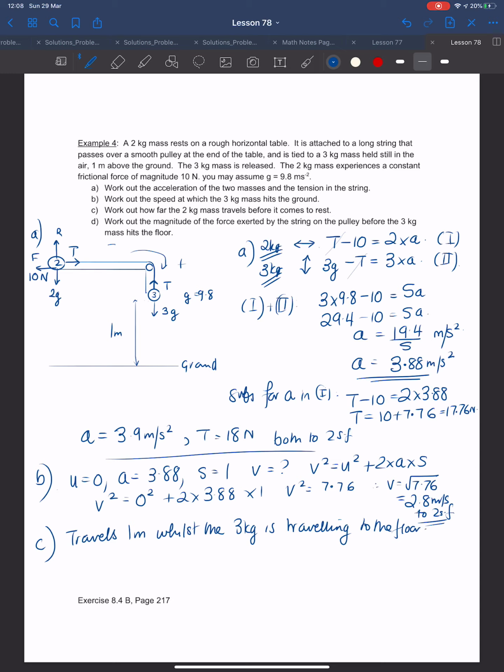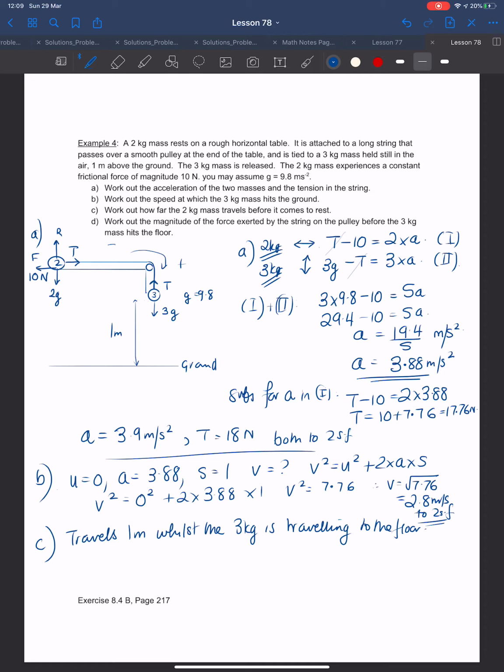Okay, so at that 1 metre point, what happens? Once it hits the floor, there's no more tension in the string. So all it's got then is the friction to slow it down. So it's how far it will travel before the friction slows it down to 0.